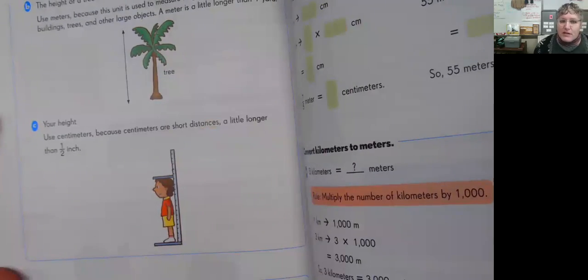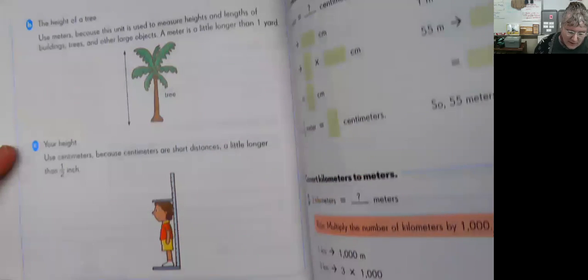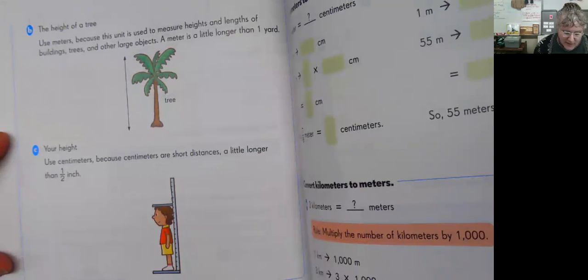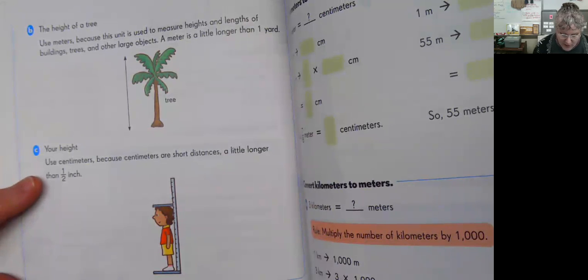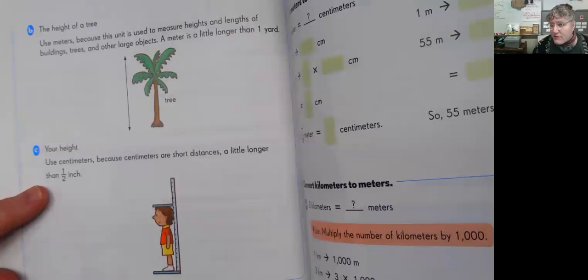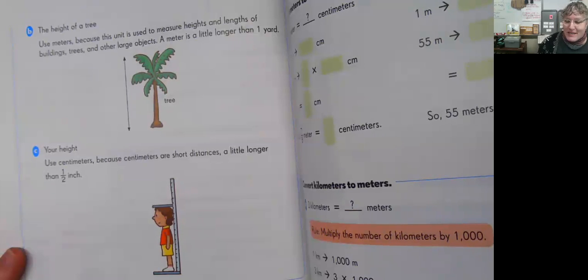The height of a tree, you would probably use meters. This unit is used to measure heights and lengths of buildings, trees, and other large objects. A meter is a little longer than a yard. Your height, you would use centimeters because centimeters are short distances, a little longer than half an inch. And because you guys are kind of short, it would be easier for you to use that shorter measurement.